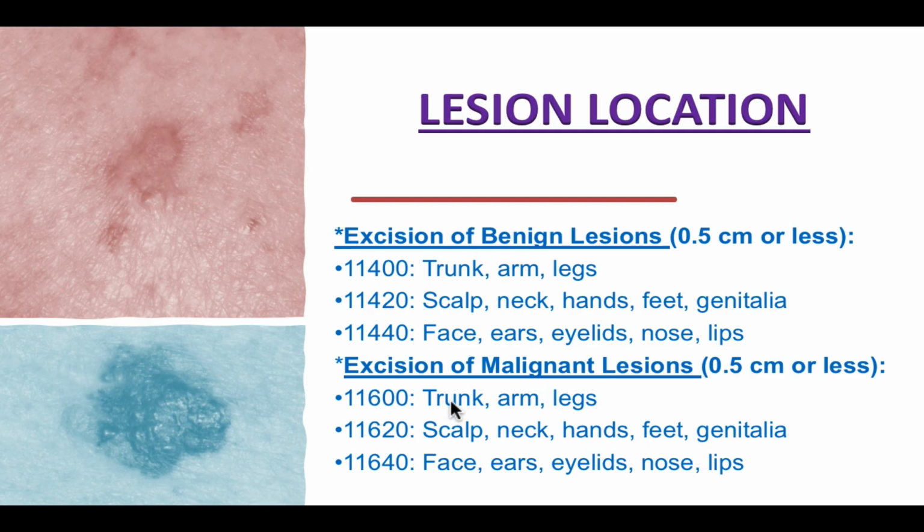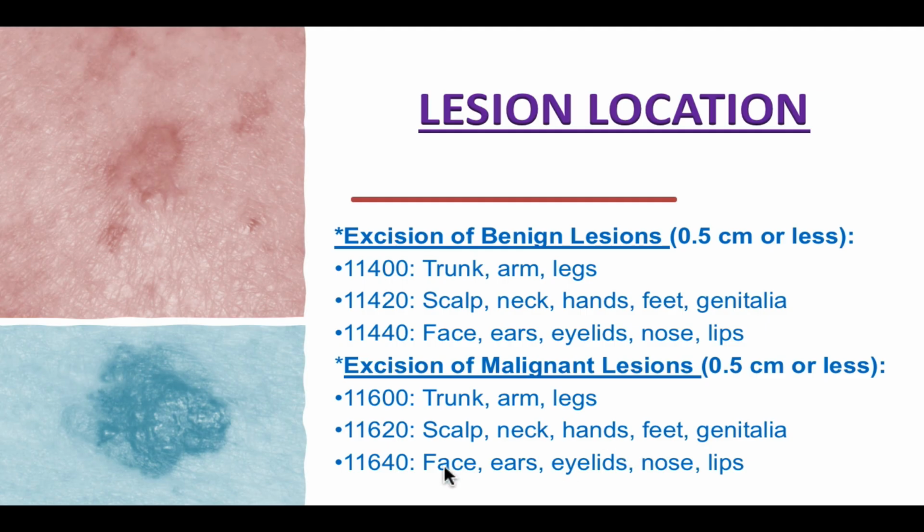For excision of malignant lesions, 11600 is for excision on the trunk, arm, or legs with an excised diameter of 0.5 cm or less. 11620 is for excisions on the scalp, neck, hands, feet, or genitalia, again with an excised diameter of 0.5 cm or less.